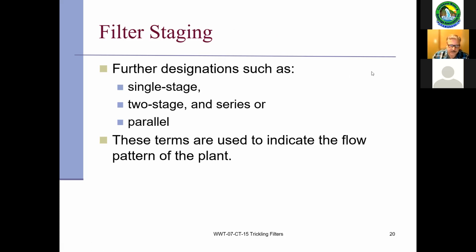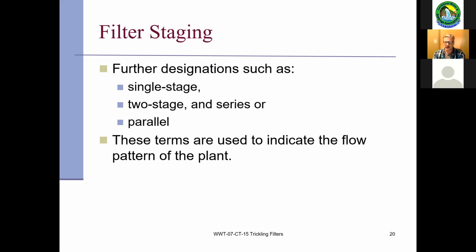Filter staging. You have single stage, which is basically one filter. Two stage can either run in series or in parallel. If they're running in series, it's like a primary filter and a secondary filter. The first filter would be taking most of the loading. The settings would be a little bit different between the primary and the secondary filter.